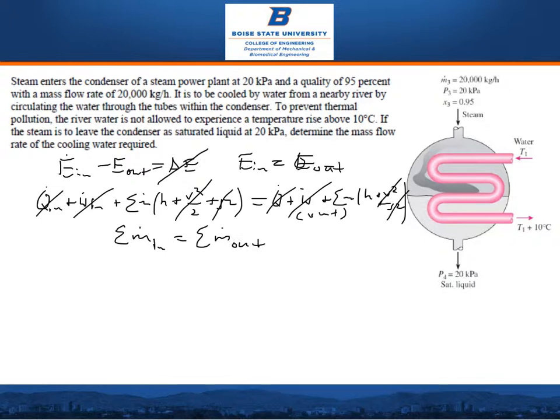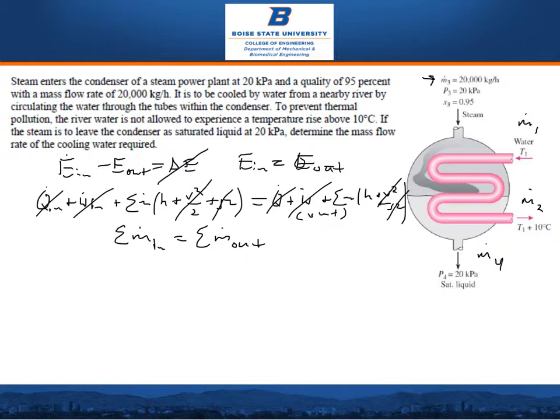We can kind of divide this into two separate mini systems. The first is what I'm going to call the tank. For that, we're given M dot 3. We're going to call this M dot 4. And then the water coming in, we'll call M dot 1, and the water going out, we'll call M dot 2.